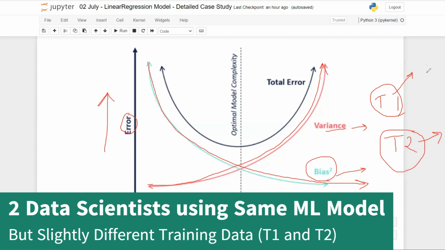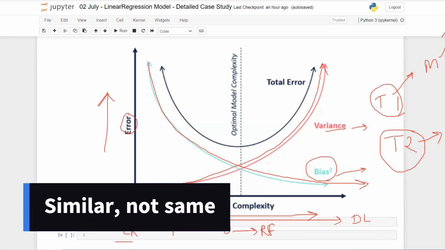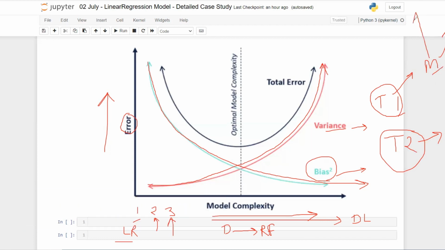Now, ideally, if both of them are using the same model, it should give similar performance if it's a good model. But if this one gives a completely different equation or parameter values, or this one gives very high accuracy and that one gives low accuracy, it means the model is trying to overfit on the training data.